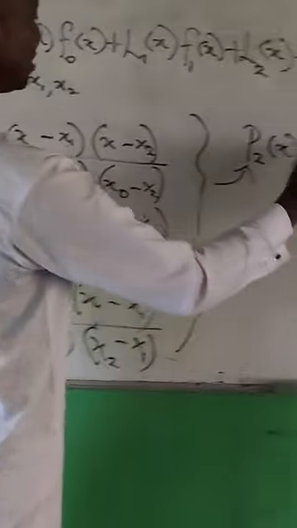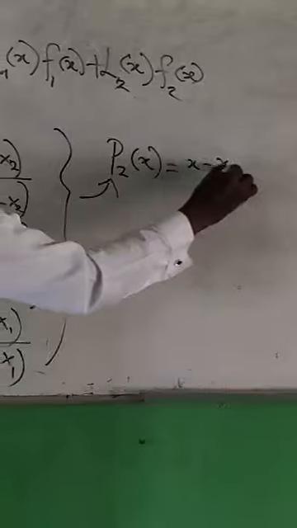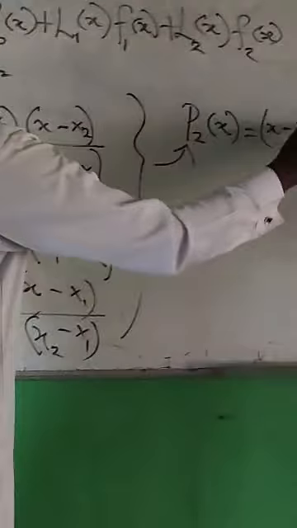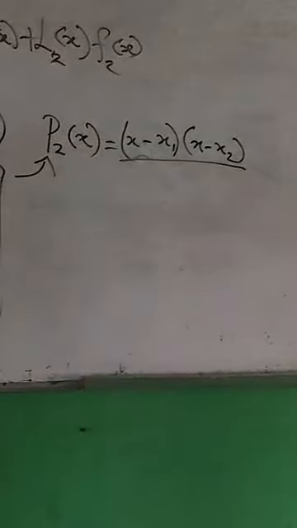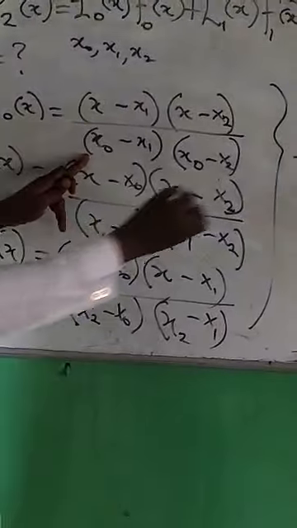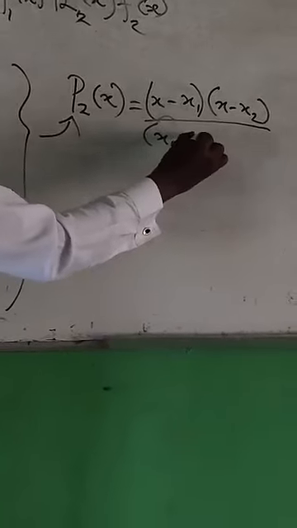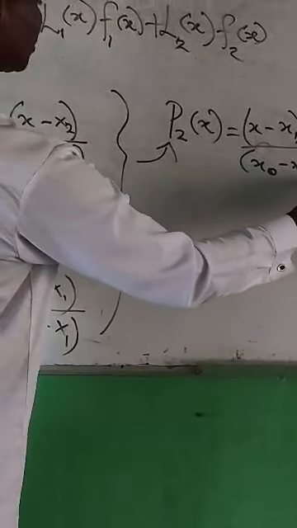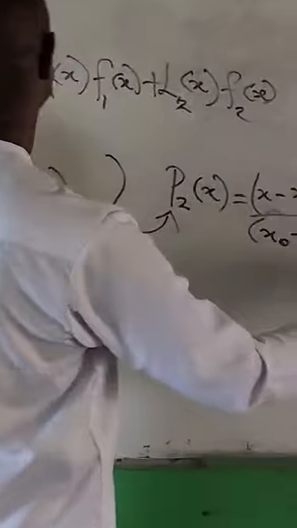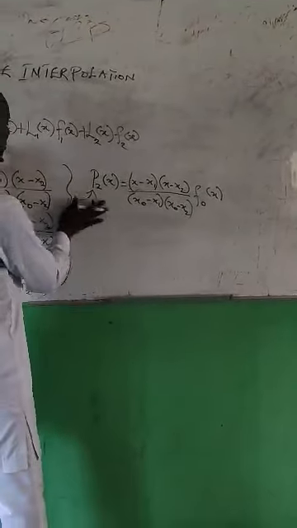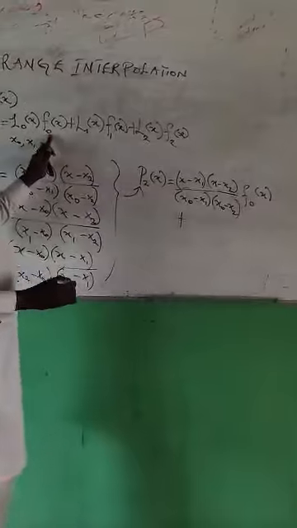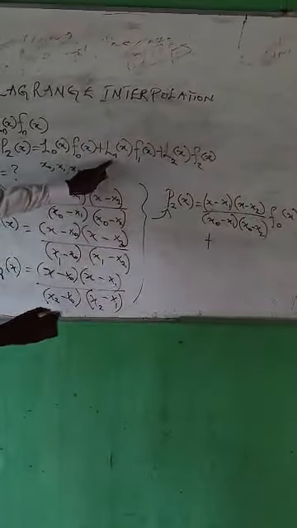So you will now be having x minus x1 into x minus x2 divided by, which we have generated there, x0 minus x1 into x0 minus x2, multiplied by f0 function of x, plus, you continue with L1.